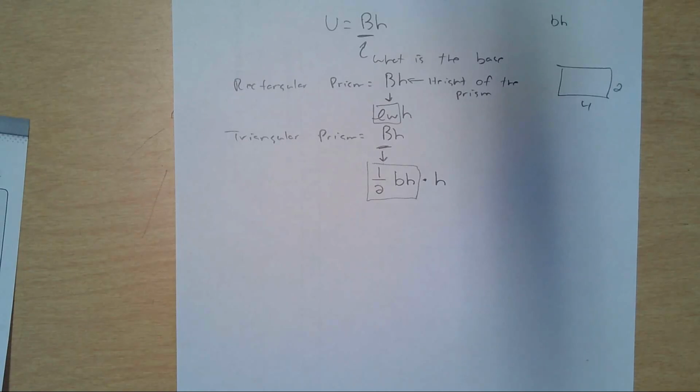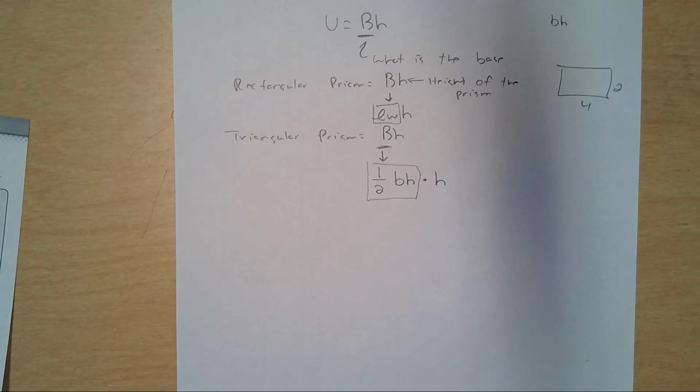Using the same thing, base times height, what do you think the formula is going to be to find the volume of a cylinder? Same as it was for the other shapes. Well, what do you think it'll be? 2 pi r? No, not 2. What's the formula for the area of a circle? Oh yeah, pi r squared times the height of the cylinder.